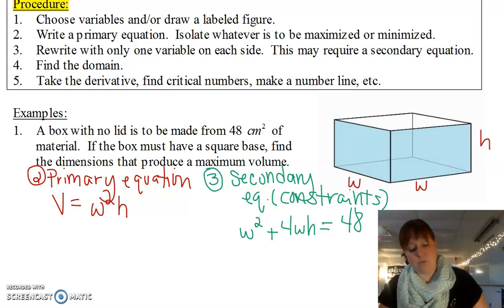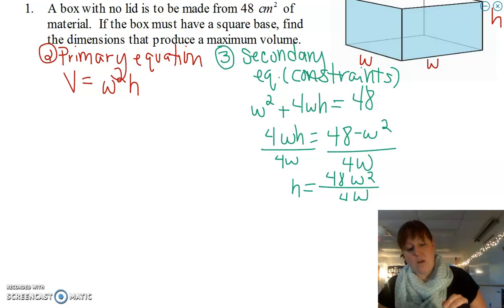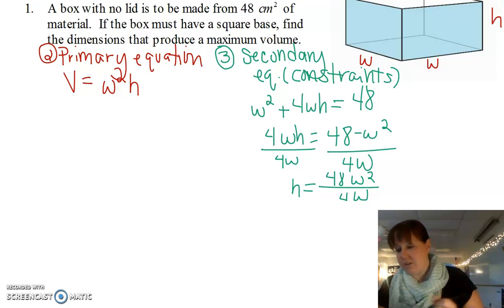So we're going to solve for H. I'm going to subtract W squared from both sides, and I have 48 minus W squared. I'm going to divide by 4W, and H equals (48 minus W squared) over 4W. And that's probably behind my head, so you can't see it. There you go.